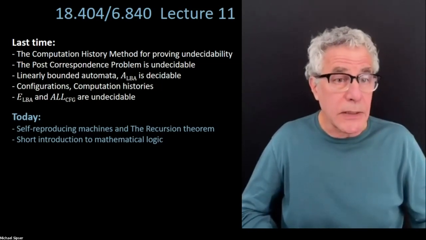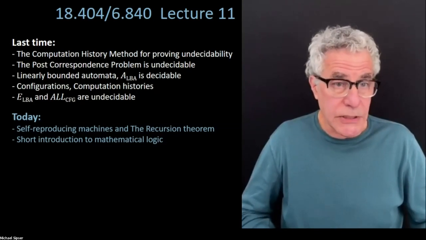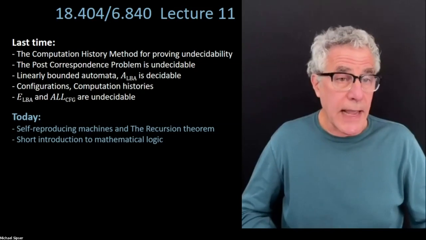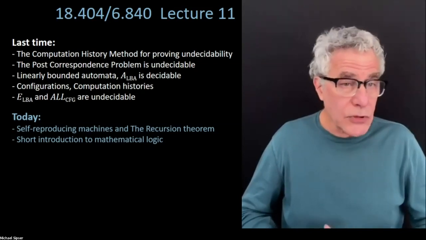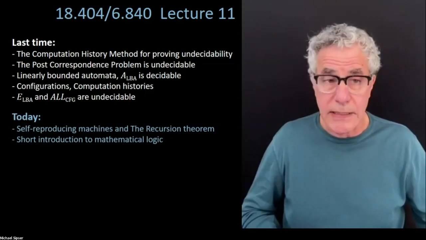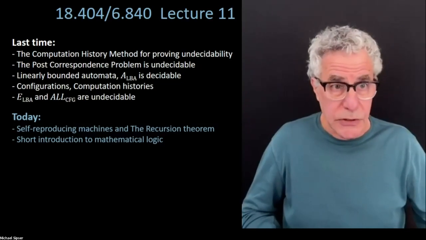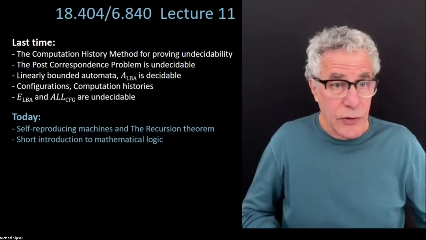Even if that's not a built-in primitive of the programming language or the operating system that you're working with, it still gives you that access. And also, if we have time at the end, I'm going to talk a little bit about mathematical logic, which is a nice application of the recursion theorem, and it's a beautiful subject on its own, and something that I can give a brief introduction to.